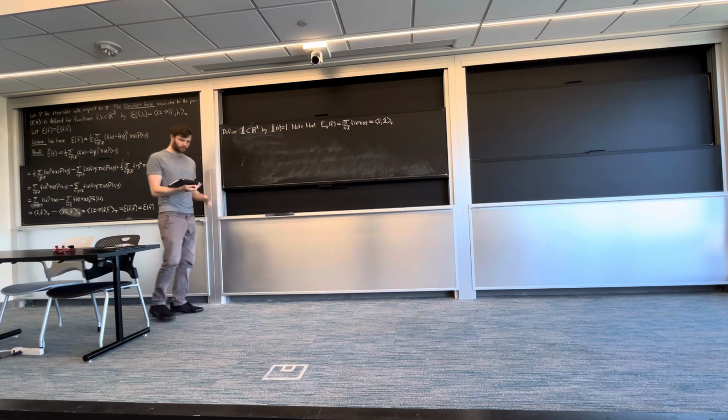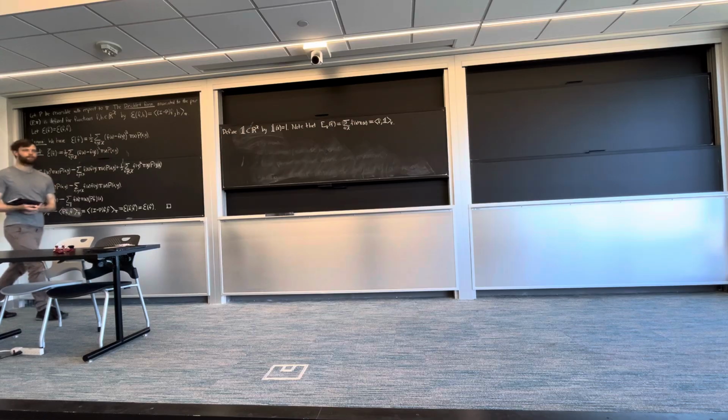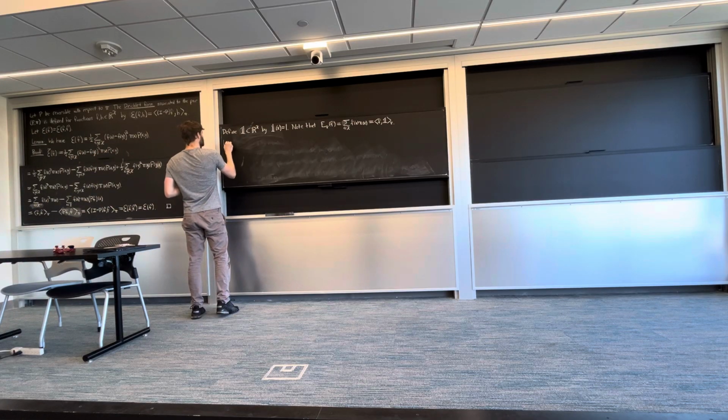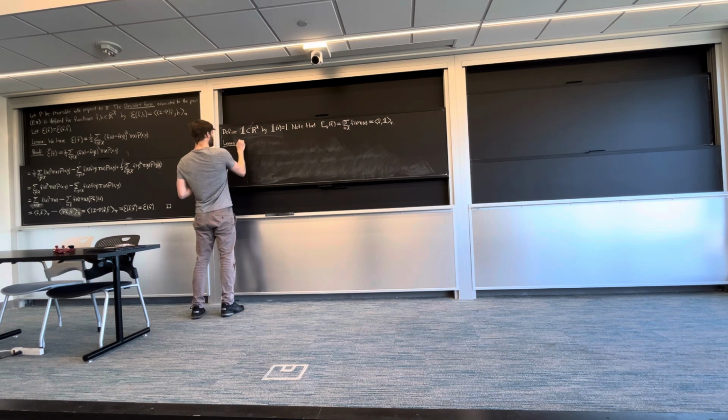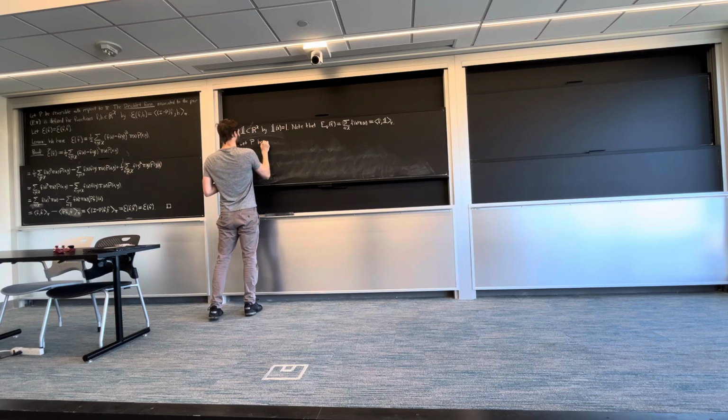Okay, so now I can say how the spectral gap relates to this Dirichlet form. So here's a lemma. Let P again be reversible with respect to pi.